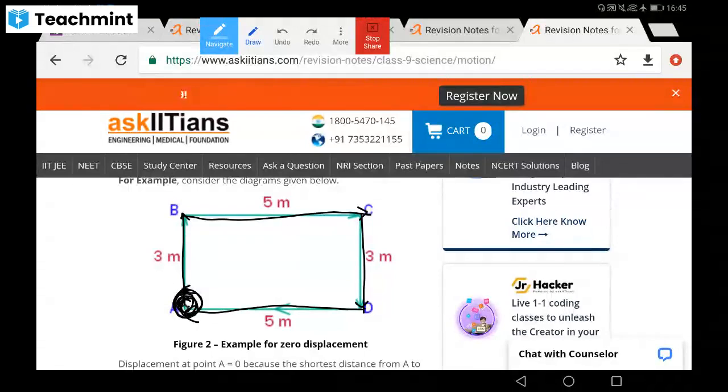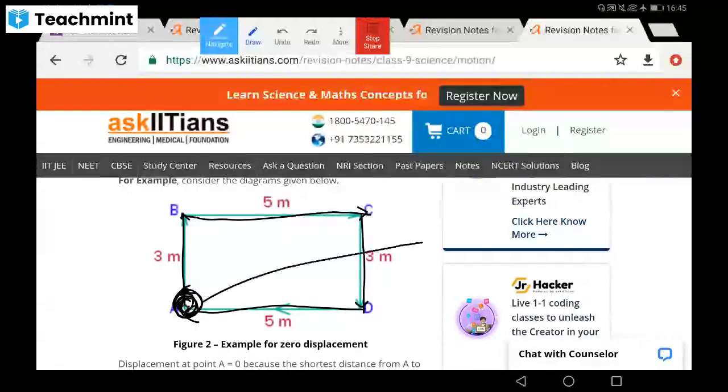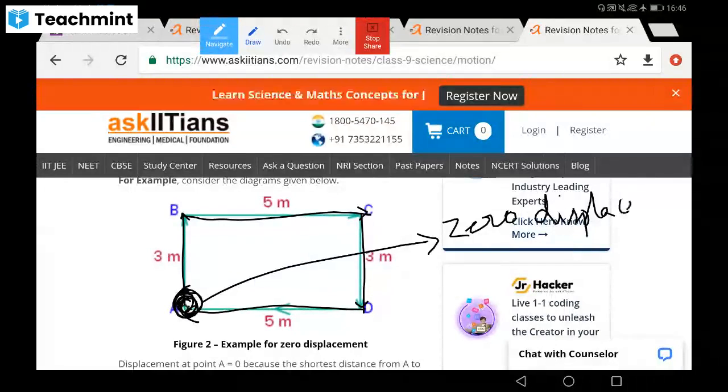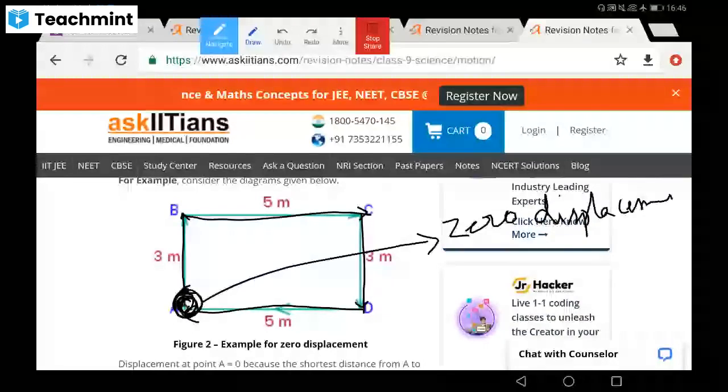This is an example of zero displacement. Even though this person has moved, ultimately he came back to the same point. So starting point and ending point are same, so in this case it will be zero displacement. Distance is understandable, distance will be 16 meter, but displacement is 0 meter.